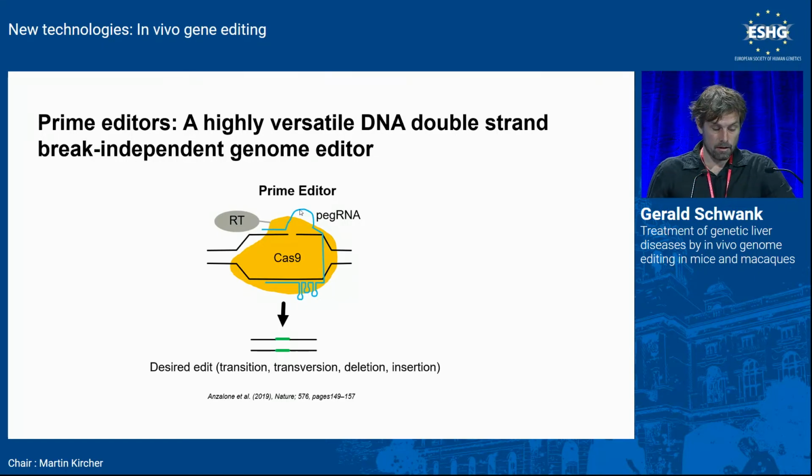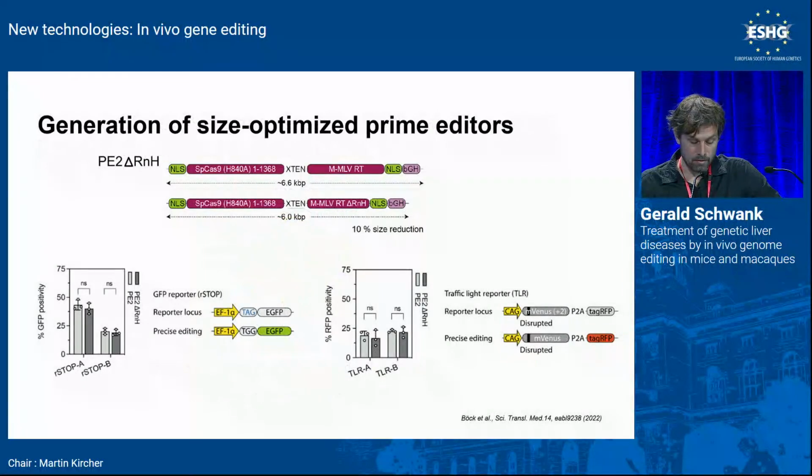With this, one can in principle correct any small genetic change: transition and transversion mutations, but also small deletions and insertions. This obviously has very high potential, and when this system was published, we and others of course had an interest in assessing whether it also works in vivo in the liver.